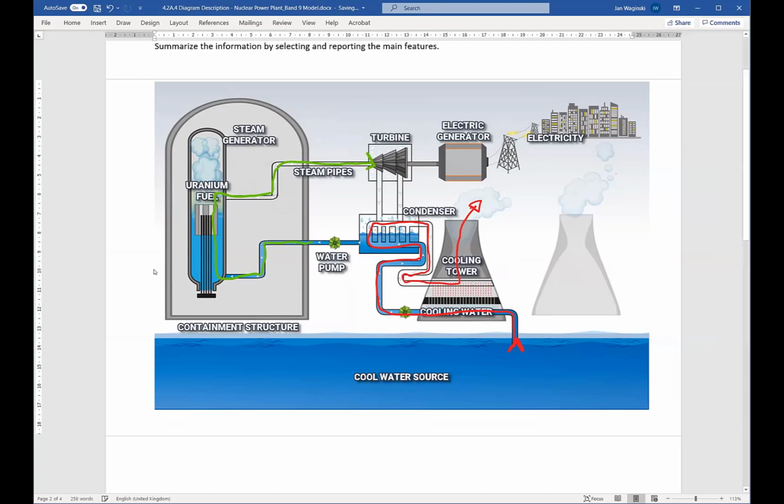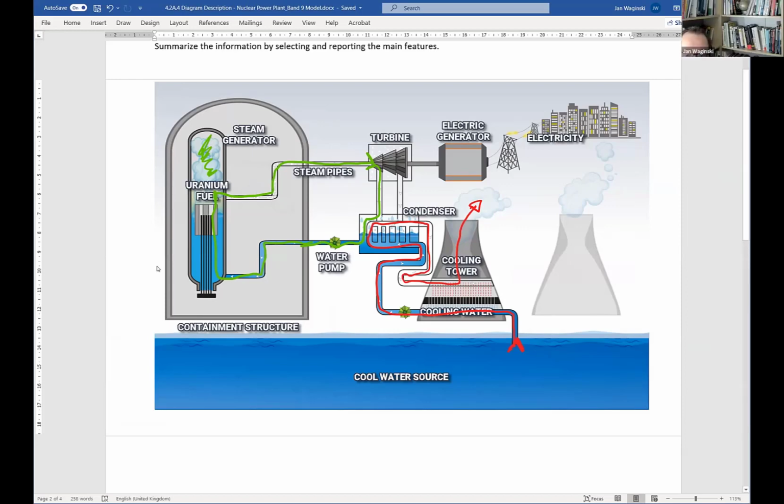So where is this water coming from? The starting point of this water. If this is a closed system, then none of the steam is escaping, and it just stays inside the system. After it's powered the turbine, it goes into here, and then it comes back. But is the steam inside radioactive?